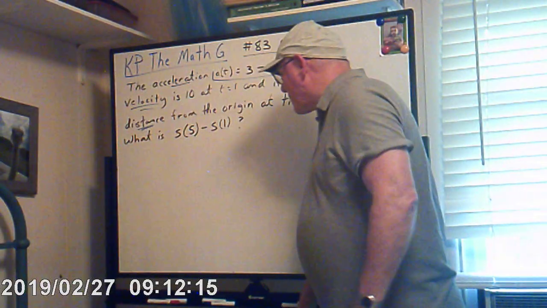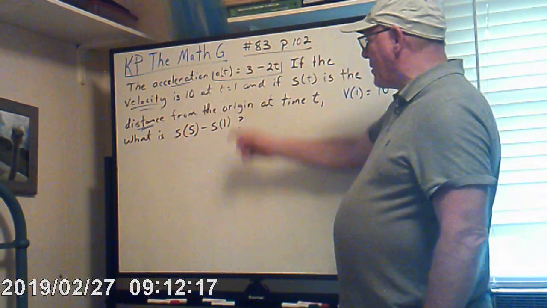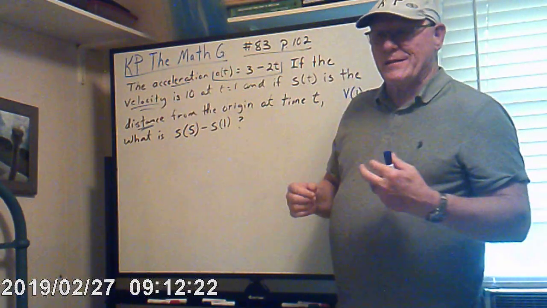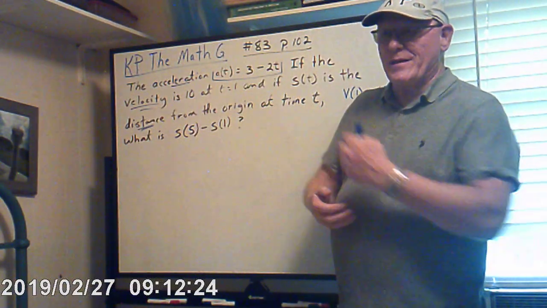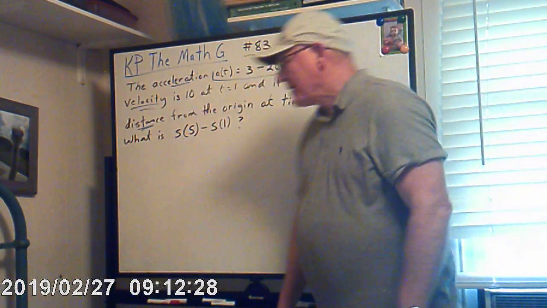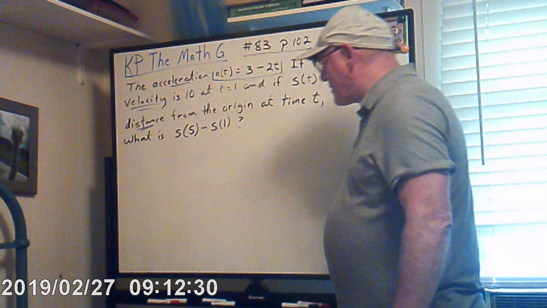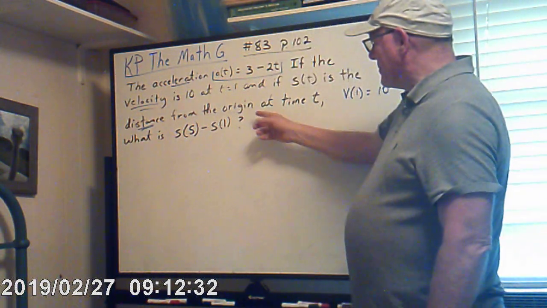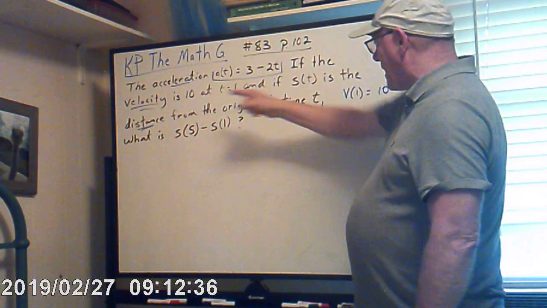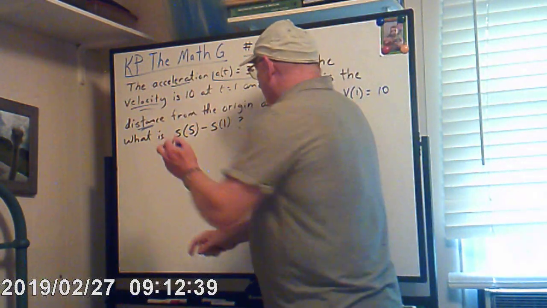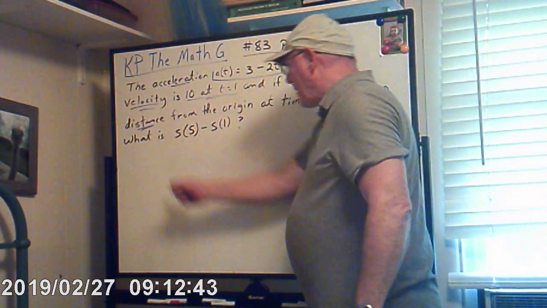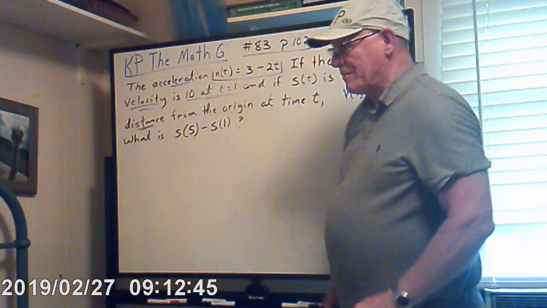Also remember it is from the origin. It's not beginning at, say, 5; we'd have to include that, 5 feet or 5 meters, but it is at the origin, 0, 0. This part right here refers to the velocity, and then what is s at 5 minus s at 1?